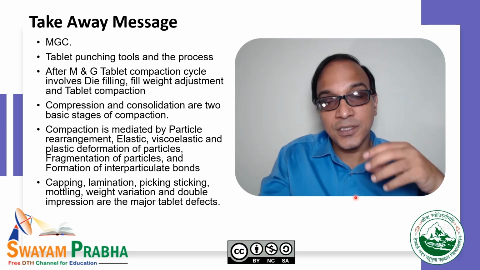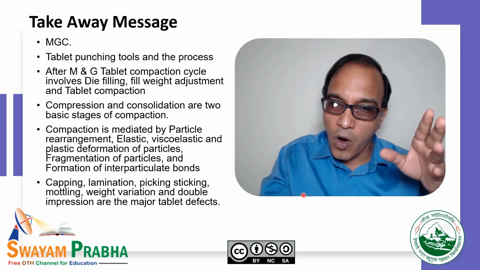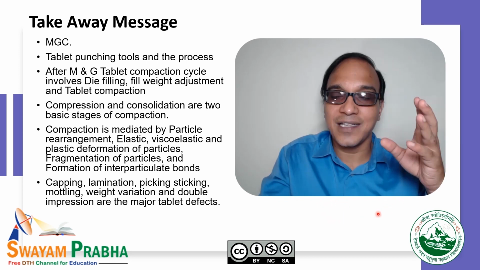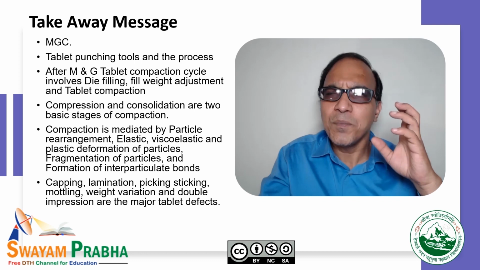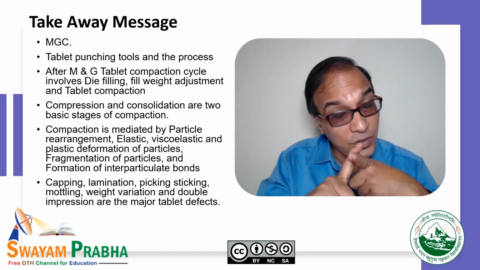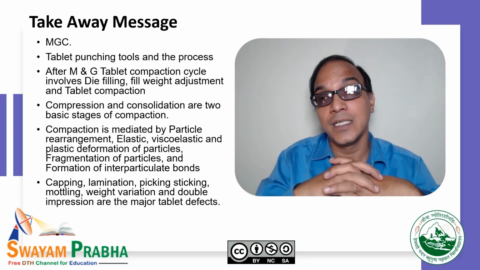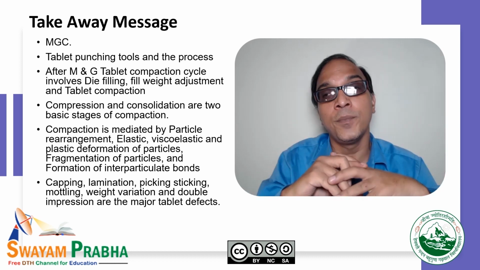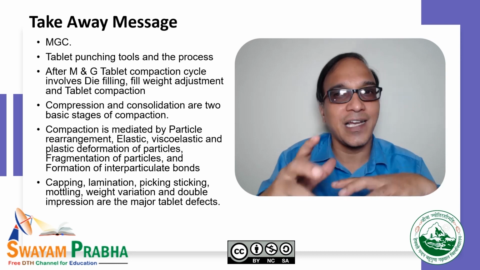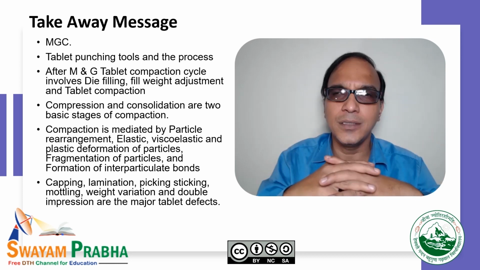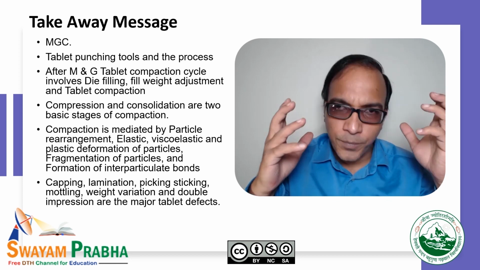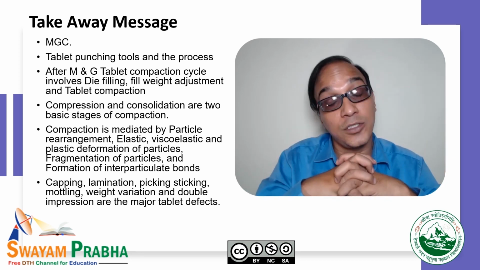Capping, lamination, picking, sticking, mottling, weight variation, and double impression are the major tablet defects. We must know the exact definition of these tablet defects, the visual representation, the diagram or infographic form, and then their causes and remedies to the point, because otherwise it is a very big topic in the production technology of tablets.